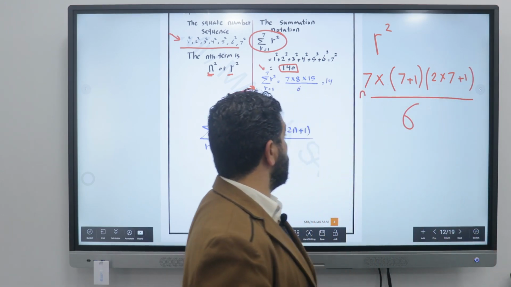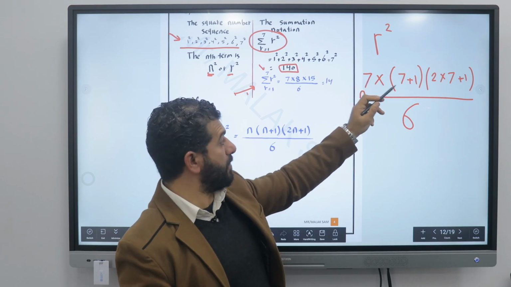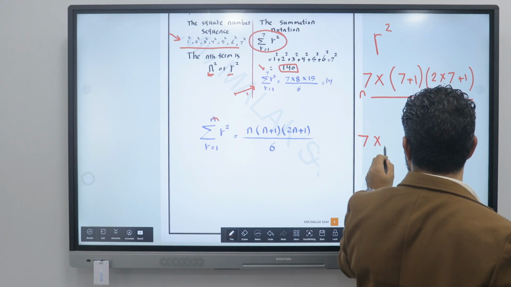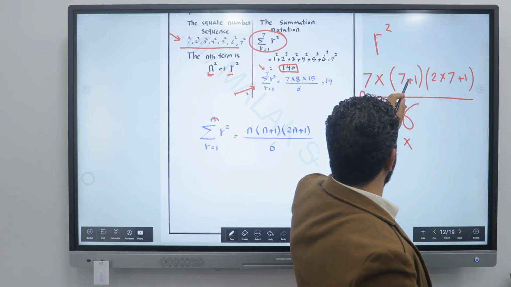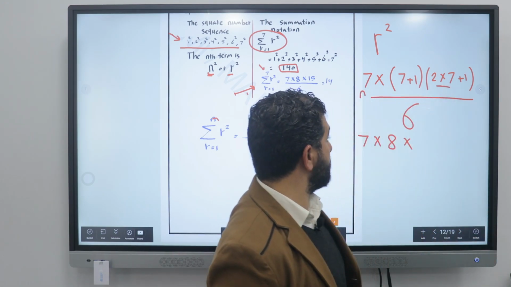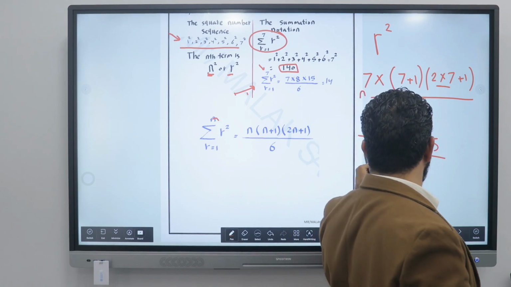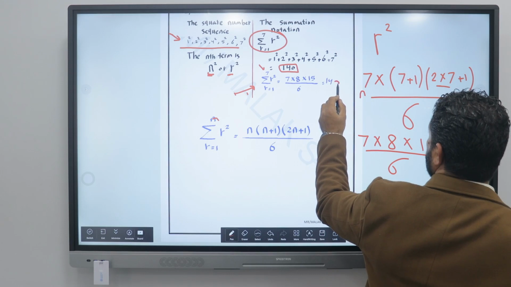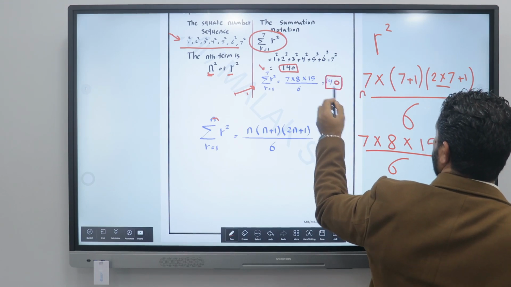So it will be 7 multiplied by 8, and multiply this 7 by 2, then add 1. 2 times 7 is 14 plus 1 is 15, then divide by 6. It will be 140 here. This is the sum.